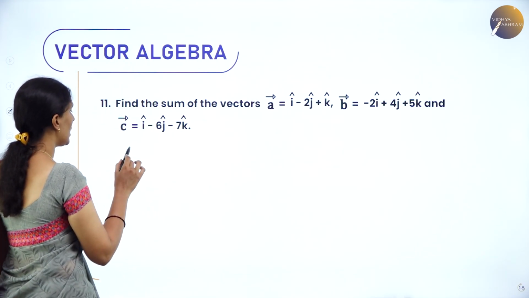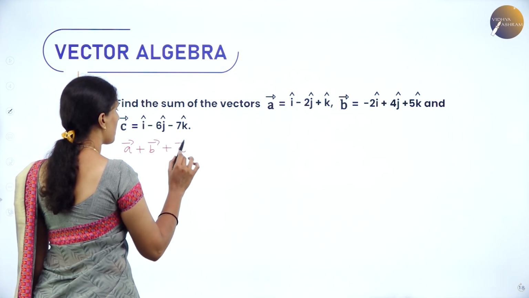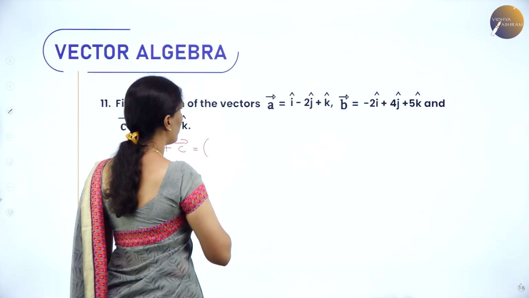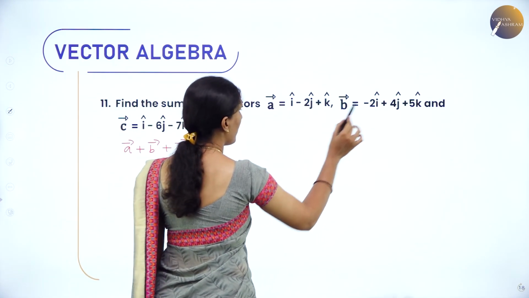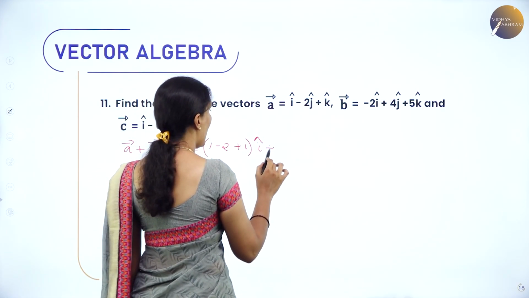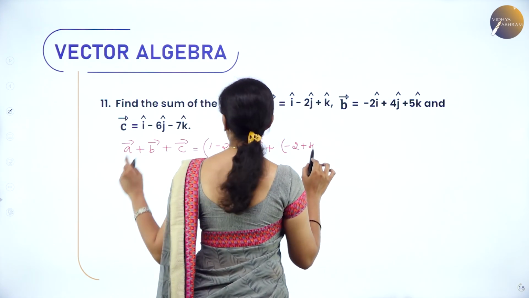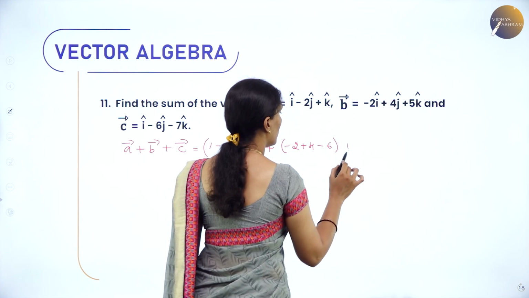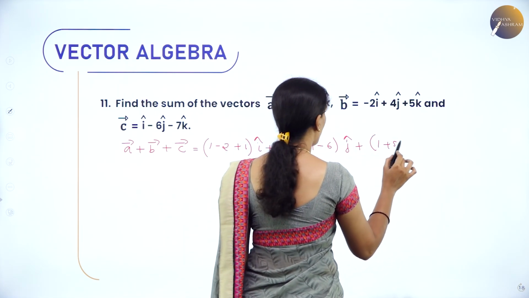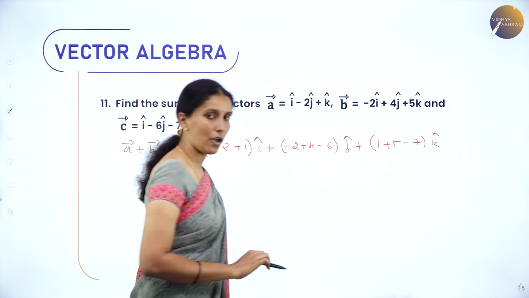So let me take vector A + vector B + vector C. Add the i components first: 1 minus 2 and here we have 1, into i. Add the j components: minus 2 plus 4 and here we have minus 6 with j. And the k component: we have 1 plus 1 and here we have minus 7 with respect to the k component.